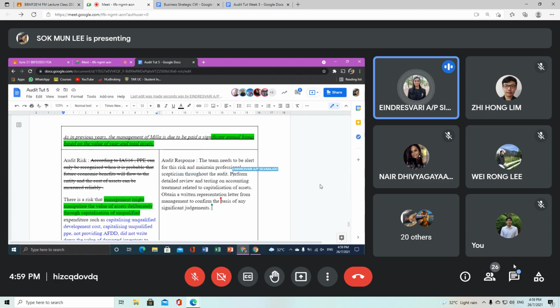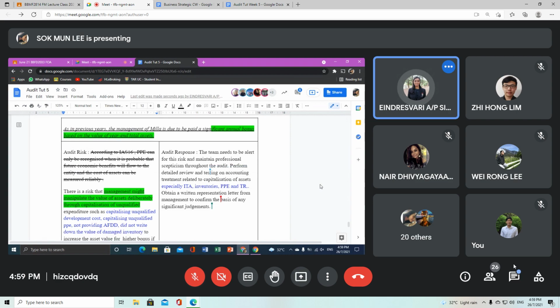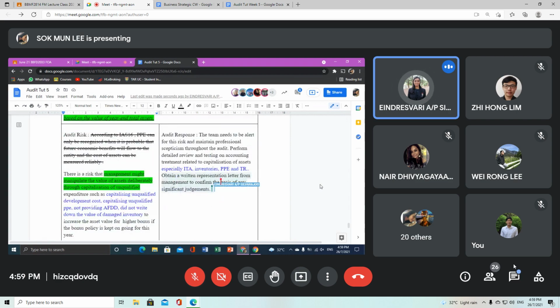You need to perform detailed review testing on accounting treatment related to capitalization of assets, especially intangible assets, inventories, PPE, and trade receivables. So these are the items which we discussed here, right? These are the items we discussed below here. So you write like this. This one no need lah. This one only write one procedure is enough.